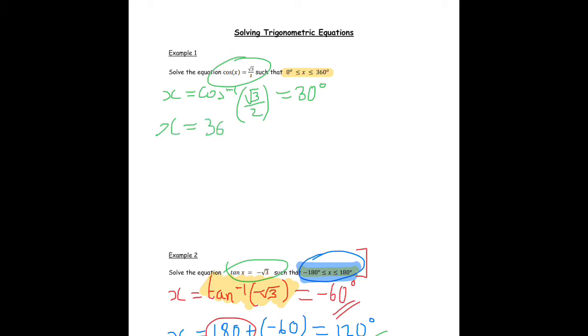So 360 minus 30, which is 330 degrees, would also be a correct solution. 360 plus 30, which is 390 degrees, would also be correct, but it would be outside our range, so we don't bother with it. So 30 degrees and 330 degrees are the solutions between 0 and 360 for the original equation, cos of x equals the square root of 3 over 2.